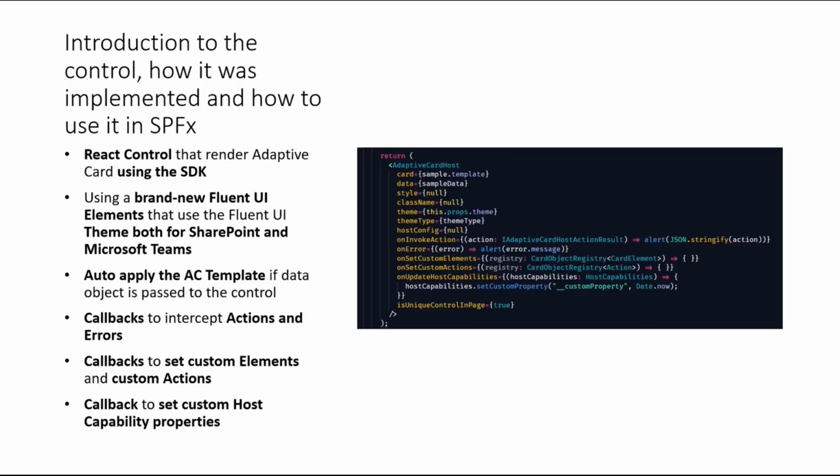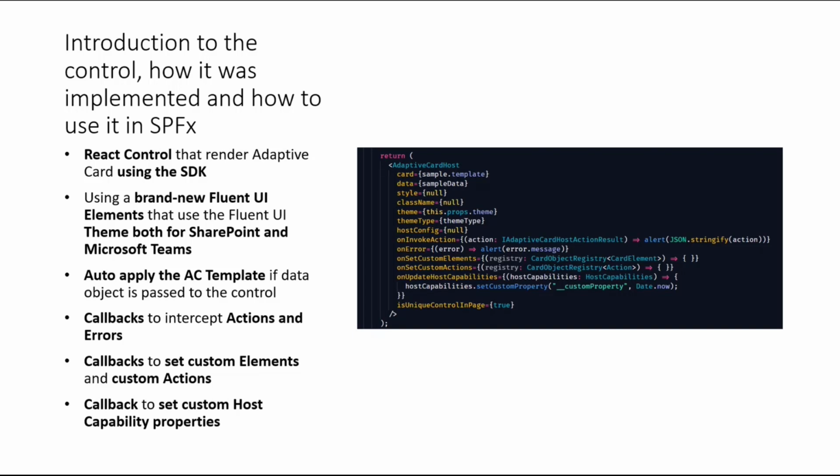So I created this control as a React control. And this control is medium complex because it implements a lot of things. For example, internally, it uses the SDK to take the card payload and render the Adaptive Card inside a specific element of the web part.